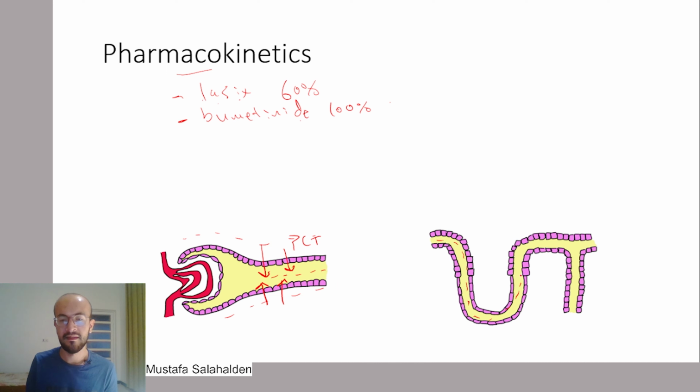Then they reach the thick ascending limb of the loop of Henle. That's when they work. If taken orally, they would work after 30 minutes, and if taken intravenously, they would work after 5 minutes.